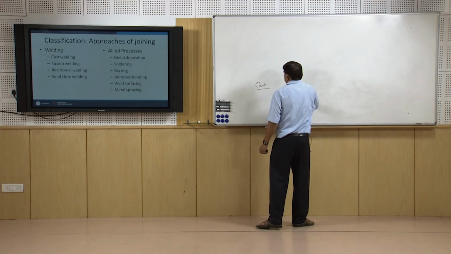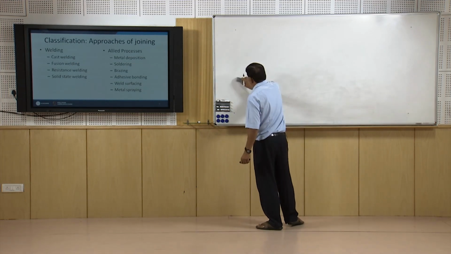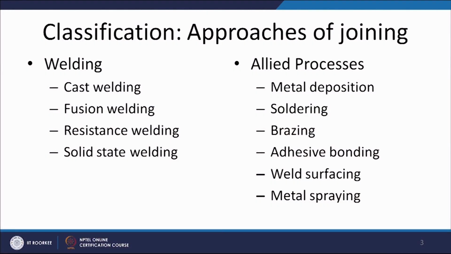Then next, based on the approach of developing weld joints, the fusion welding processes, wherever the fusion of the faying surface is achieved for developing the joint, are categorized together.